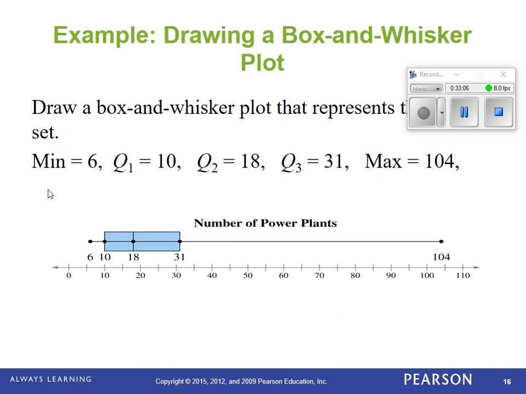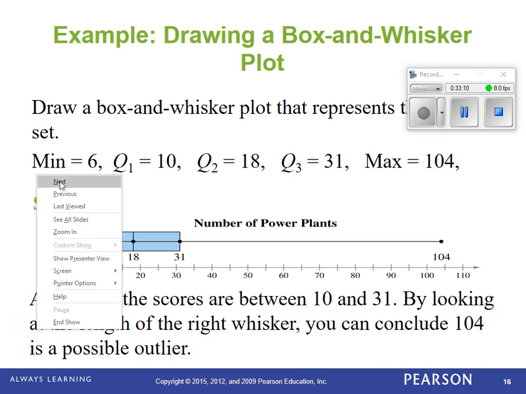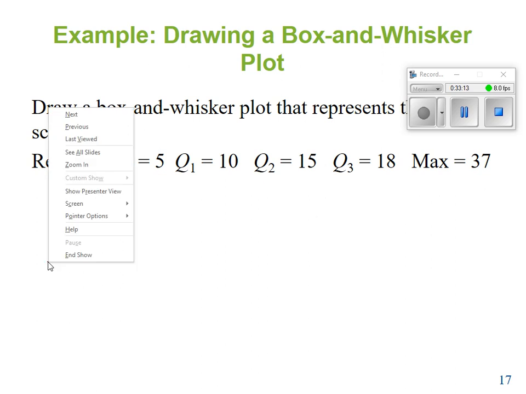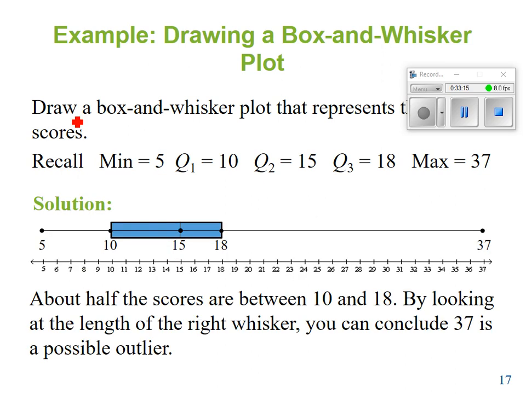So if we do one here, they already did it for us. Let's go back to ours. I'll just do it over here on the side. So I'm going to draw myself a little line, number line here. On my number line. What was my quartile 2?